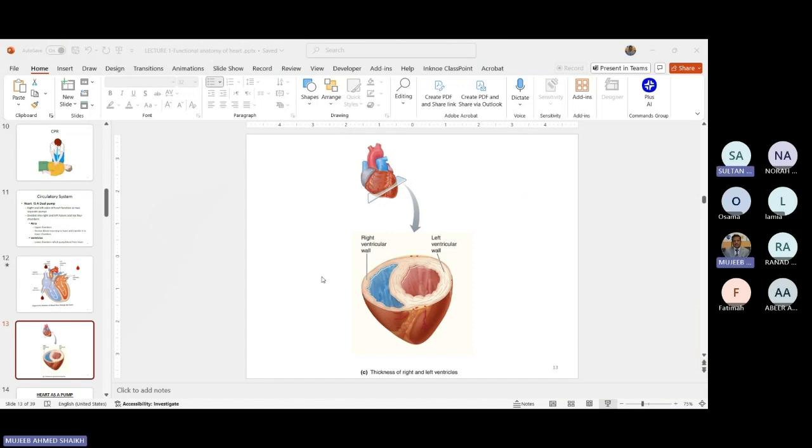See here, this is a cut section of the ventricle. It shows that the thickness of the right ventricular wall is thin as compared to the left ventricular wall. What is the reason?